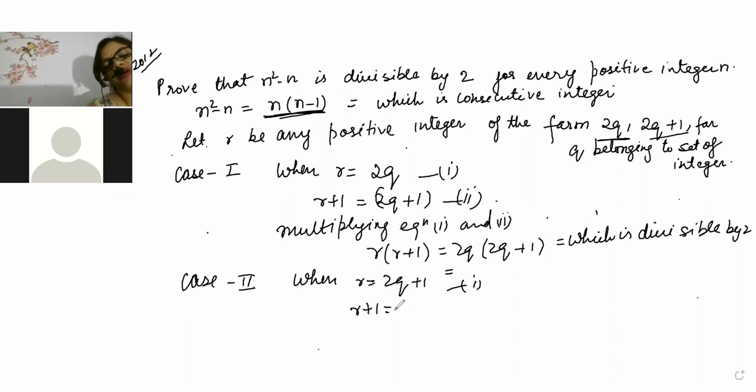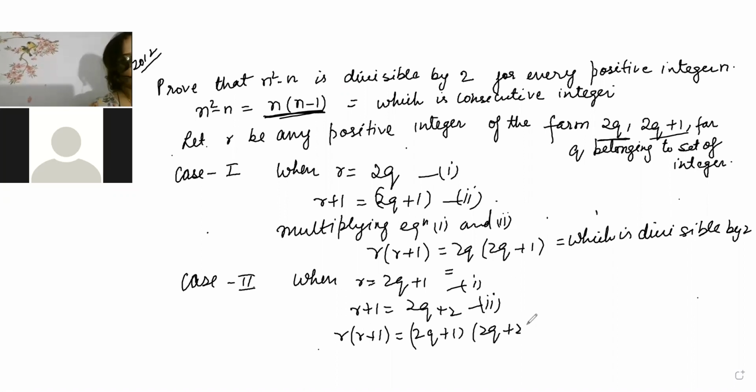Then beta, what will you write? r plus 1 will be equal to 2q plus 2. Then multiply by r plus 1, so it will become 2q plus 1 and 2q plus 2. Now beta, from here 2 will come out very easily.